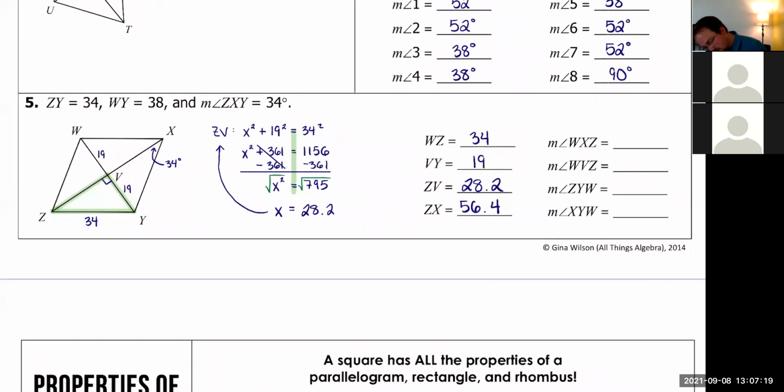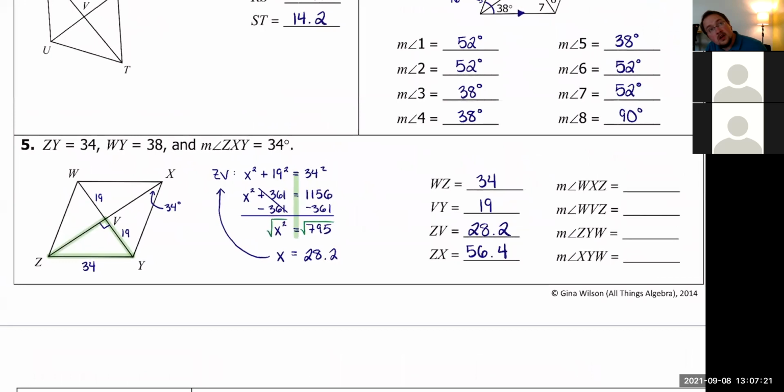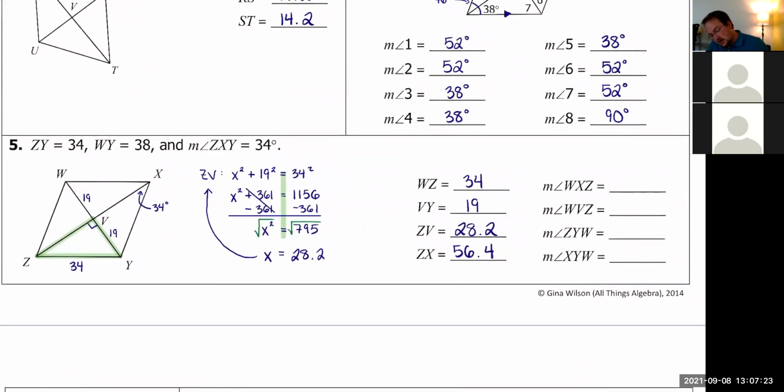Zoom out here a little bit. So first one we have is angle WXZ. WXZ is right here adjacent to the 34-degree angle that we have. I happen to recall that diagonals in a rhombus bisect the opposite angles, which means diagonal ZX is bisecting angle WXY.